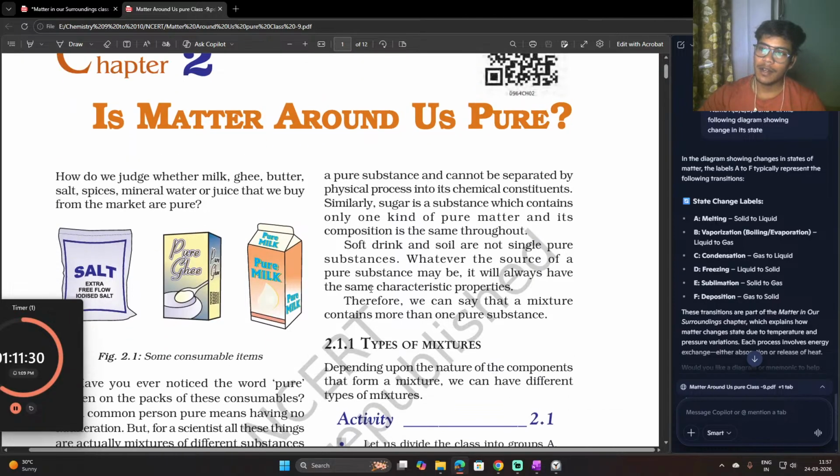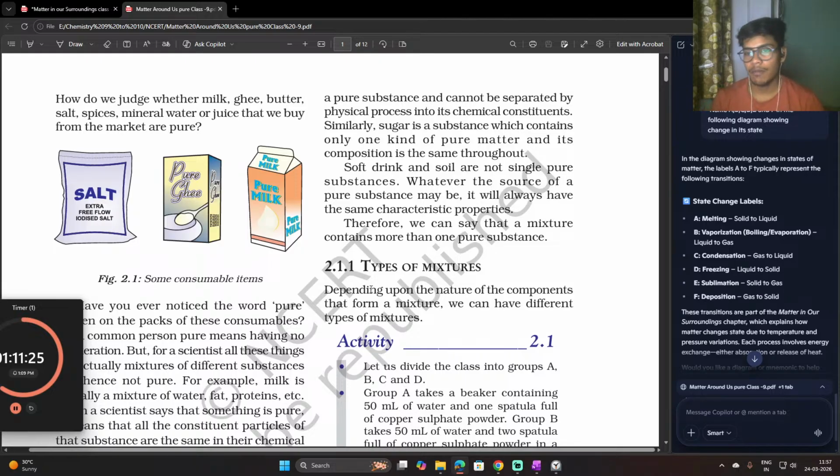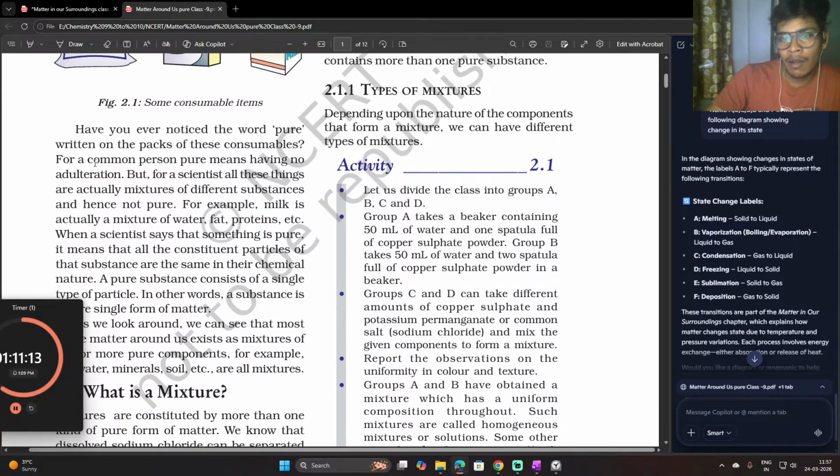So is matter around us pure or not? How do we judge whether milk, ghee, butter, salt, spices, mineral water or juice that we buy from the market are pure? How? Have you ever noticed the word pure written on the packs?